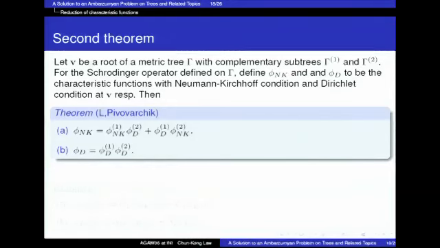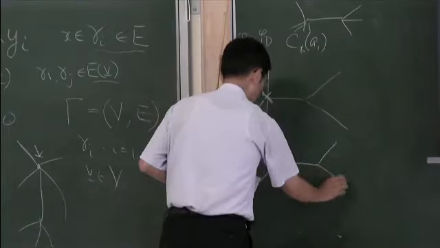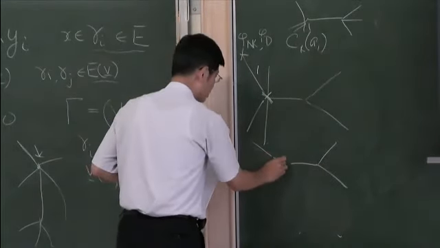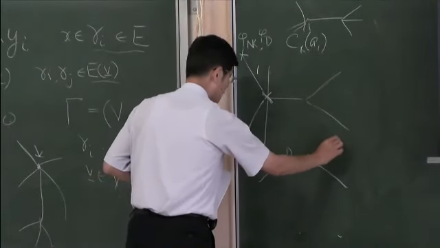Okay, and I call phi_nk if there is a Neumann or Kirchhoff boundary condition at this vertex, and I call phi_d if there is a Dirichlet boundary condition at this vertex, and so phi_nk can be decomposed into, this is something like a product rule for the derivative, and so at this point, phi_nk, I can decompose it into two graphs, and so it's the Neumann boundary condition for this graph times the Dirichlet boundary condition for this graph, and the others are kept.